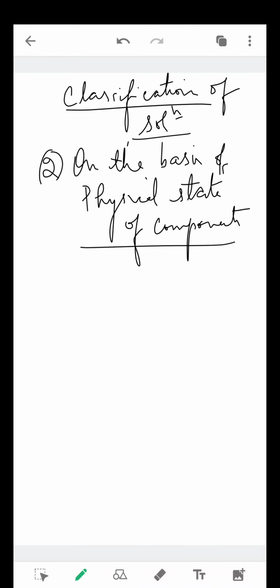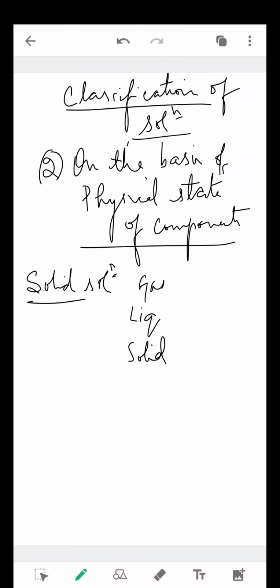For example, if we are taking solid solutions, here the solute can either be a gas, liquid or solid. But as it is the solid solution, the solvent will be solid.